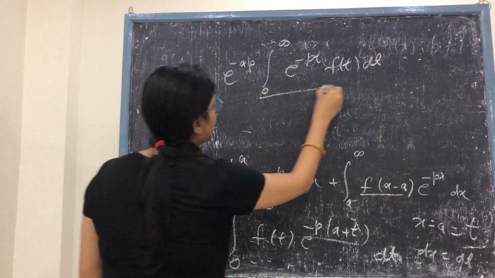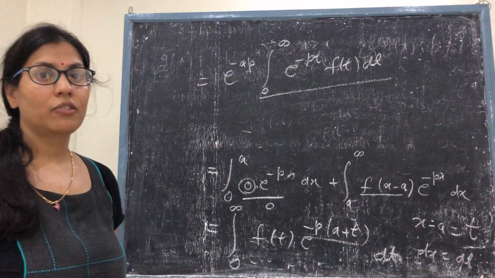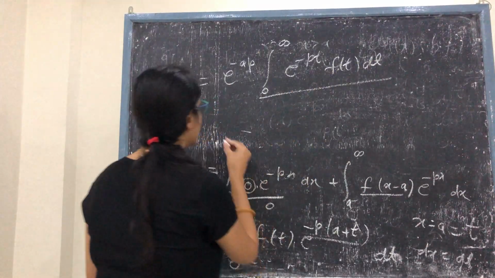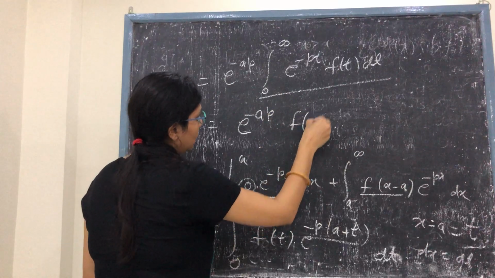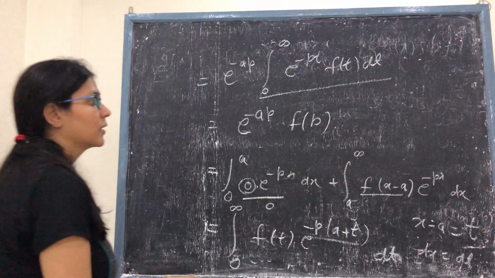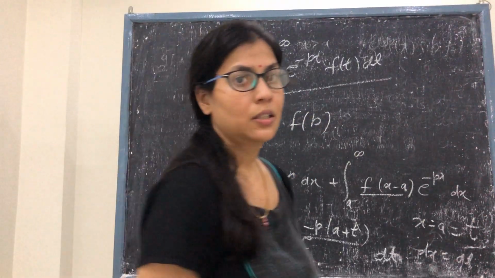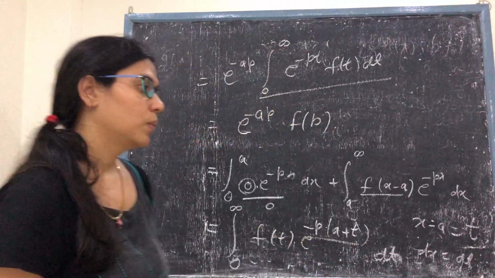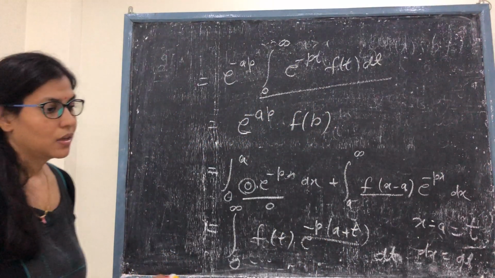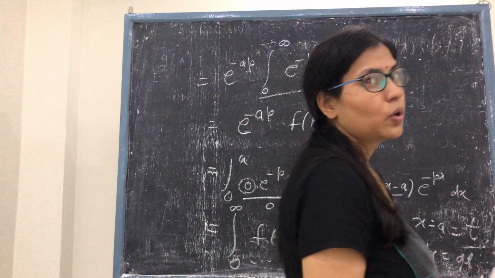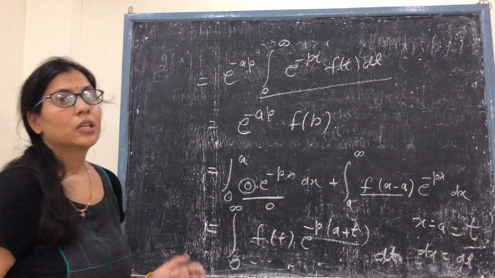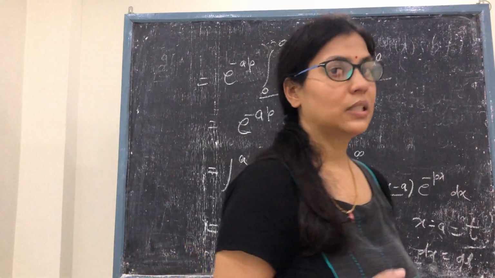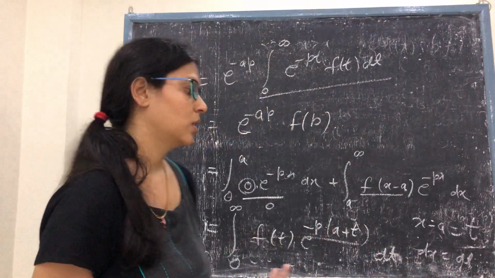This is the definition of the Laplace transformation, the capital F of p. So it's very easy to simplify this. If you don't remember the formula of the second shifting property, you can go through the basic definition of the Laplace transformation.